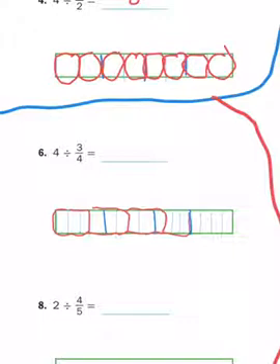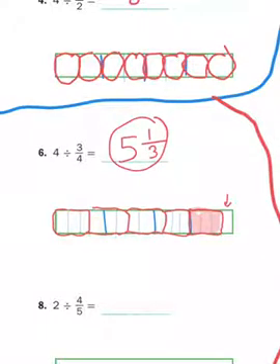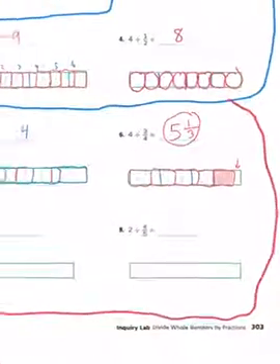Here is 4. Here is 5. So I get 5 whole groups, and then there's one little piece left. And remember, take a look at one of the wholes, which I'll shade in here. Each whole is divided into thirds. So one of those little pieces would be 1/3 of a whole piece. So I have 5 and 1/3 of a whole piece left over. That's what 4 divided by 3/4 is.